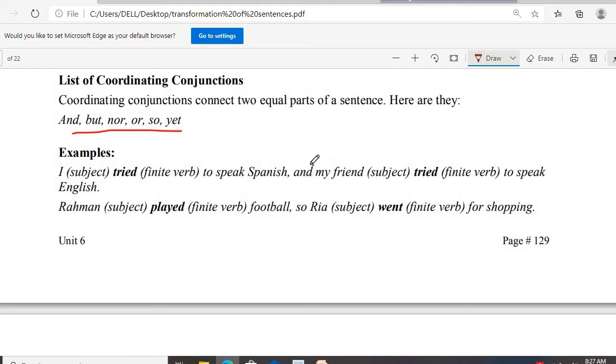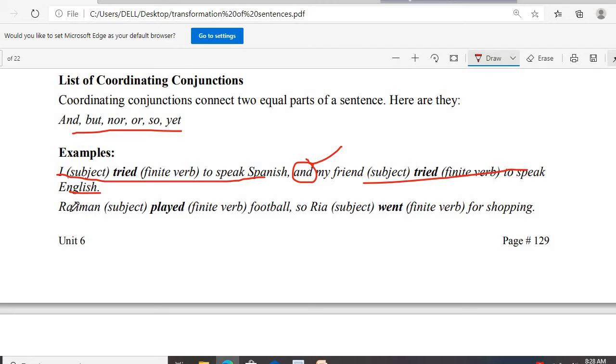So, and is the coordinating conjunction. This is a principal clause, this is another principal clause, and these two principal clauses have been joined together with the help of this coordinating conjunction. Number 2, Rahman played football, so Ria went for shopping.